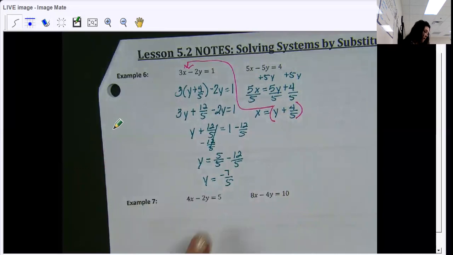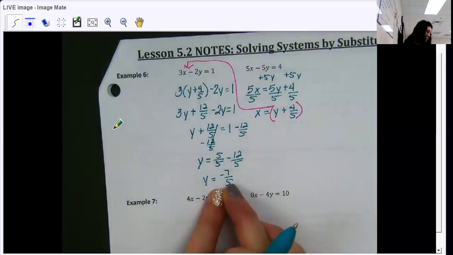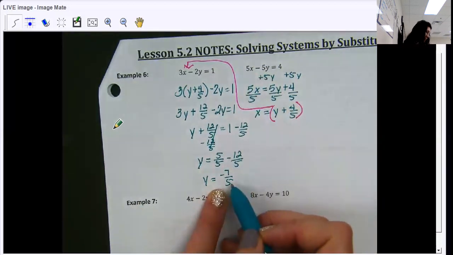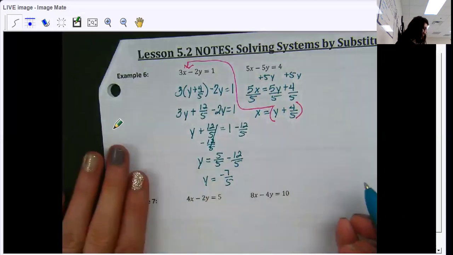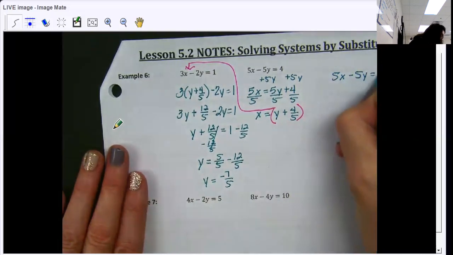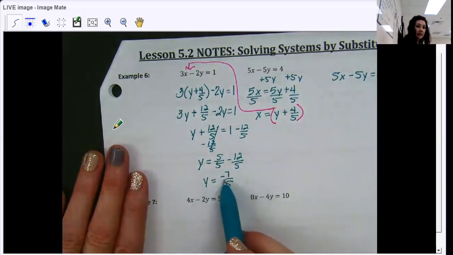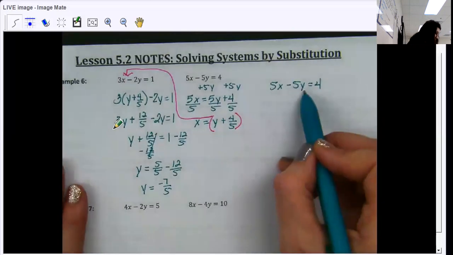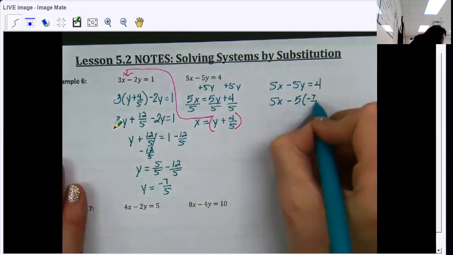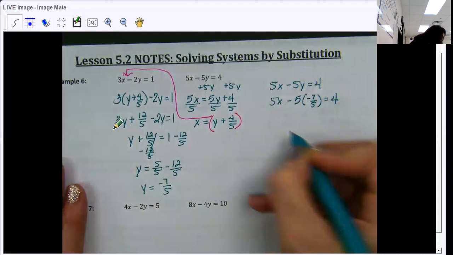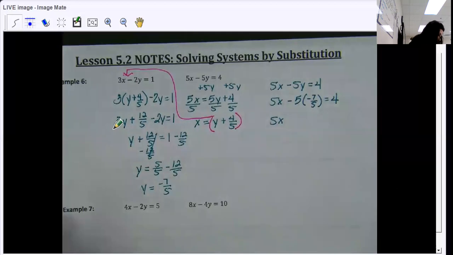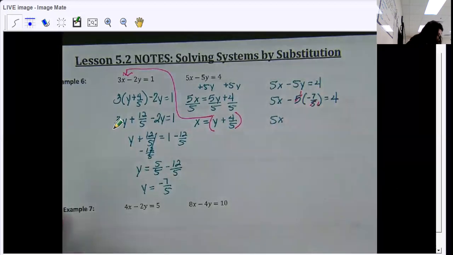Okay. Now I'm going to take this and I'm going to plug it into this equation right here. I'm going to do that because I'm thinking maybe my 5s will cancel out, but let's see what happens. So we're going to take 5x minus 5y equals 4, and we're going to replace or substitute the -7/5 in where this y is. So. Okay, so here I can cancel out my 5s, those become 1.